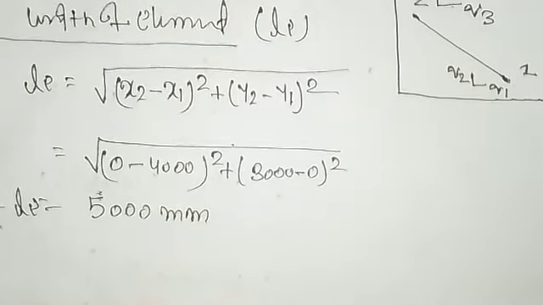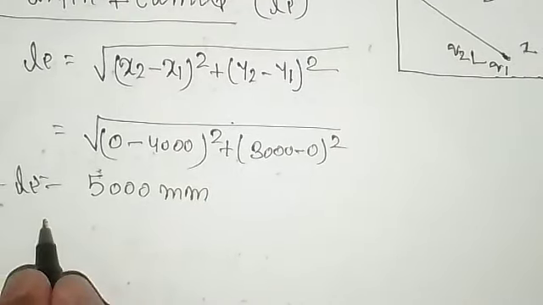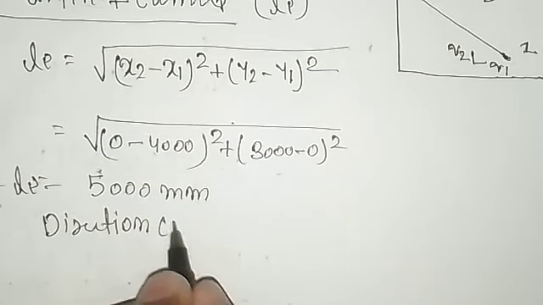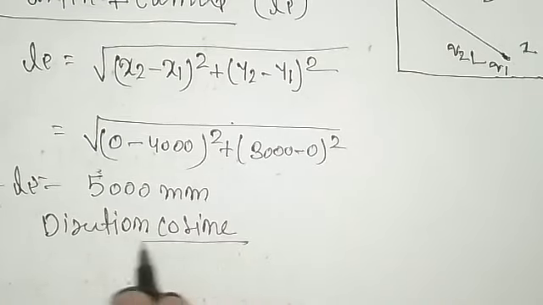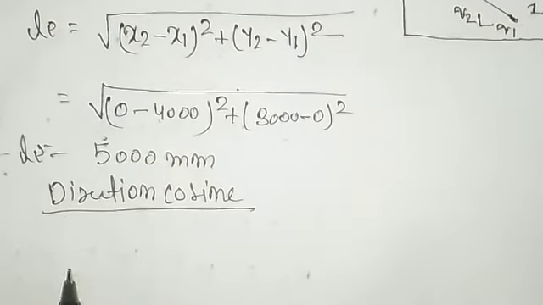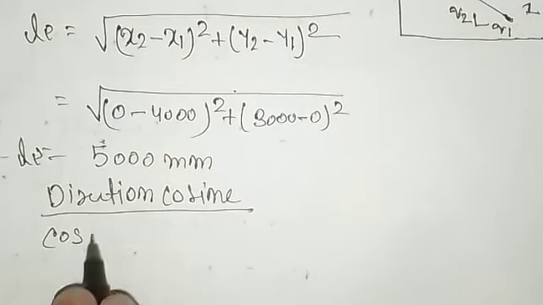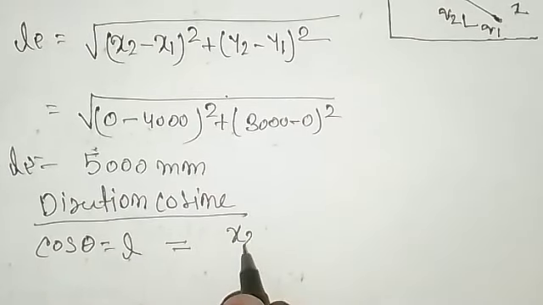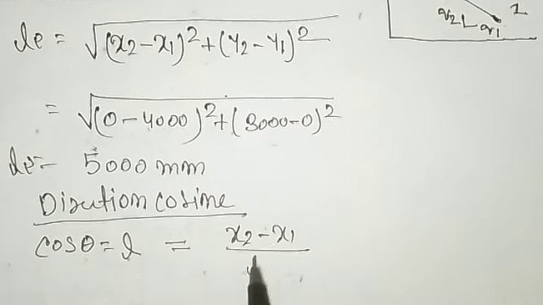Now we'll find out the direction cosines, that is cos and sine. Cos theta we denote by l, which is equal to (x2 minus x1) by LE.